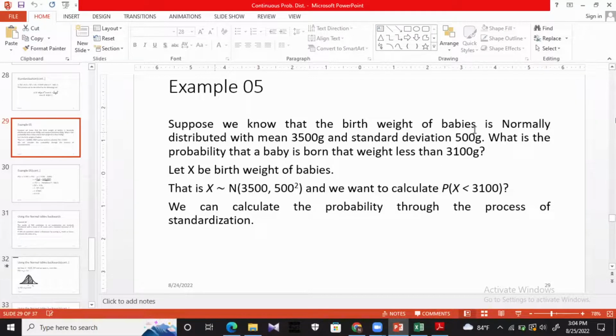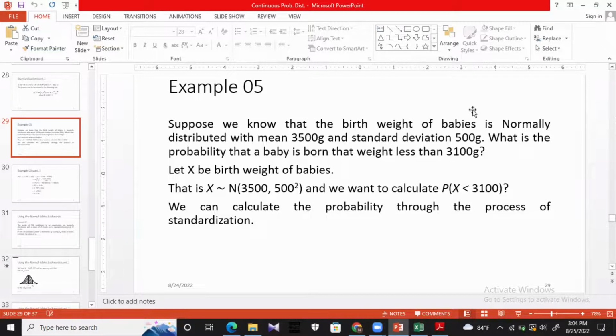Okay, so this is the question. First, you need to read the question very carefully and try to get an idea about the information given in the problem. What is the variable here? The variable is the birth weight of babies.